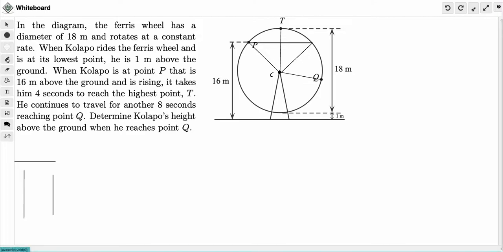Now, since the diagram states that the diameter of the circle is 18, the radius is 9. Diameter is 18, and we found the radius by dividing it by 2. So every line that we draw from the center to the circumference is 9 in length. So let's label that: 9, 9, 9, and 9.